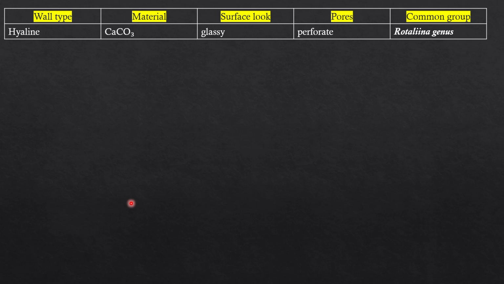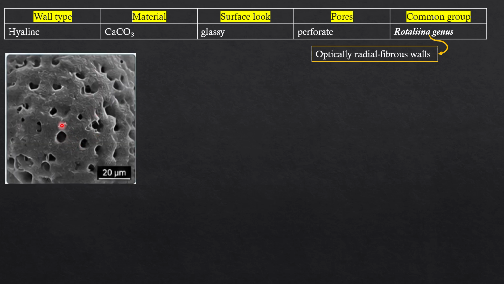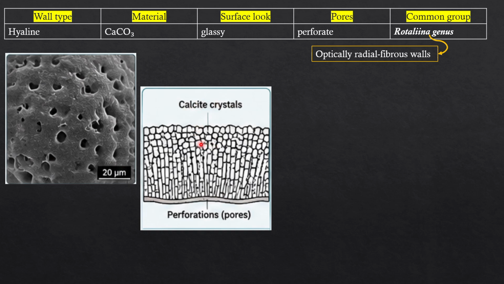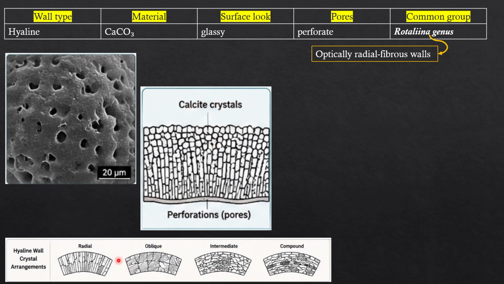Another is the hyaline structure, which also looks glassy in texture, but it is perforate. Perforate means it is somewhat porous, so it allows fluid to move through the texture. So you can see the porcelaneous and the hyaline texture. It's like calcite crystal, and the hyaline crystal system is arranged into four types: radial, oblique, intermediate, compound.